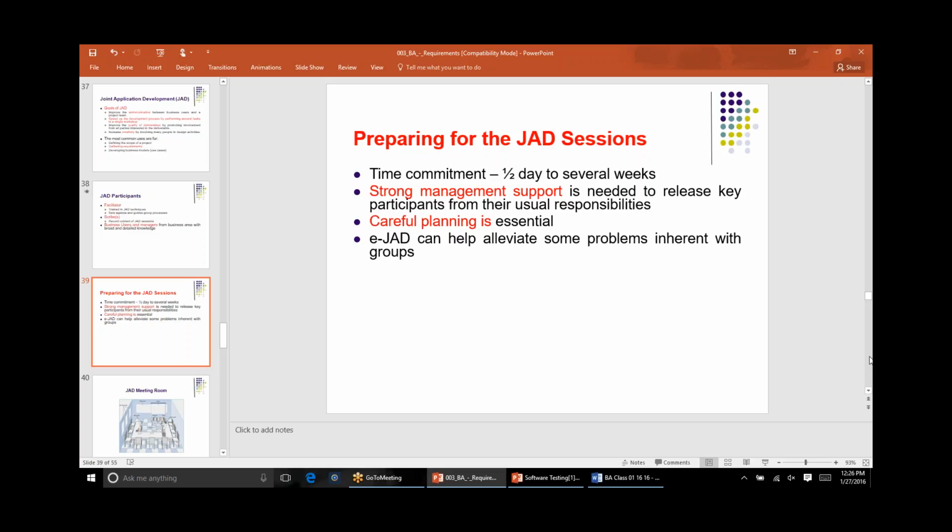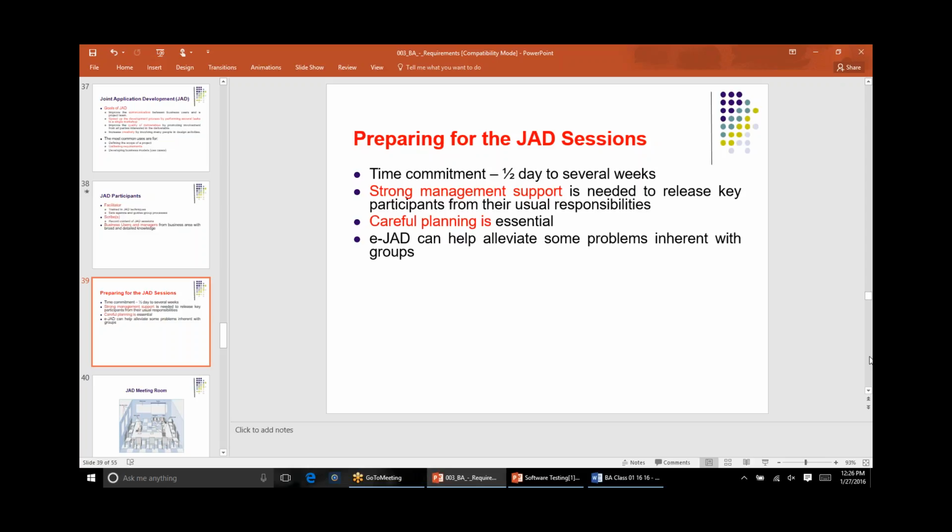Certain documents are prepared upfront. Yesterday we were talking about questionnaires. We prepare them first. Process flow diagrams, we prepare them first. Current state business documents, we collect them first.